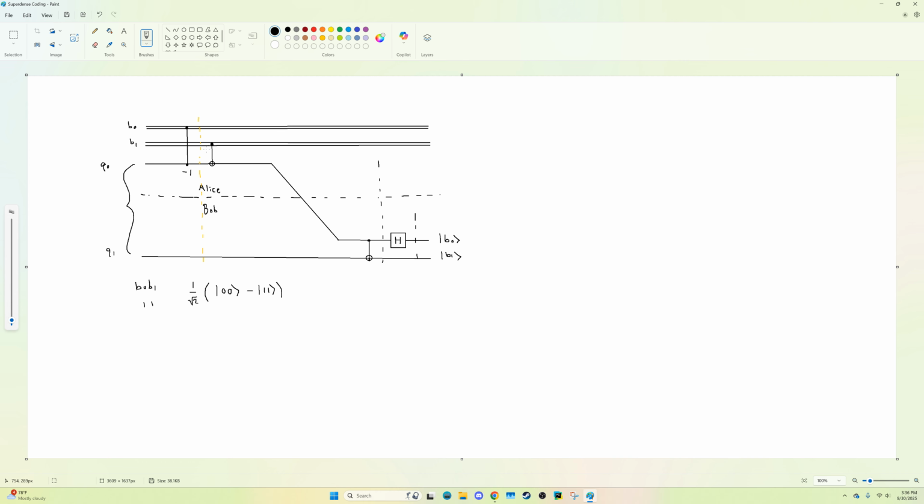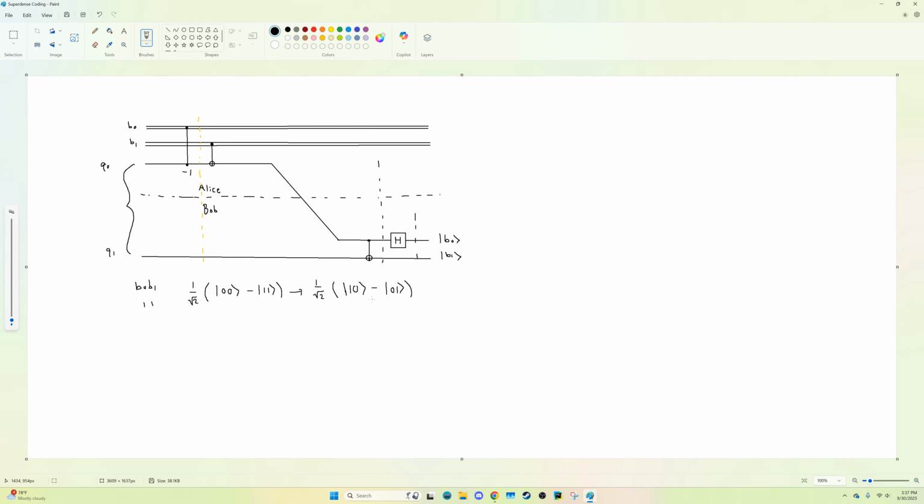And then applying this next CNOT onto Q0 as a target, we get 1 over square root of 2 times 0. With B1 affecting Q0, then I have to flip this actually. So this should be a 1, 0. And then it should be a minus 0, 1.